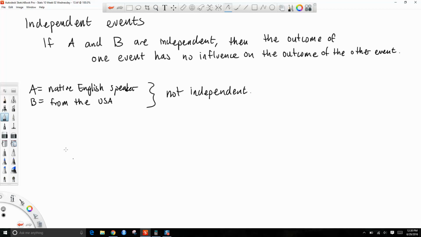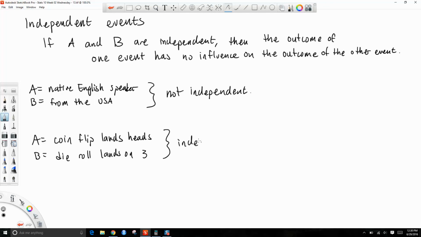But we could say, like, A is coin flip lands heads, and B is die roll lands on 3. These would be independent. If the coin flip lands heads or not, it should have no effect on the probability of the die landing on the number 3.